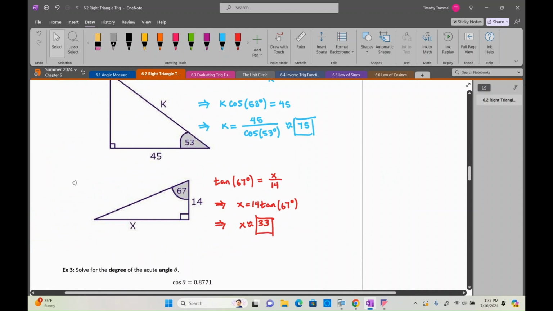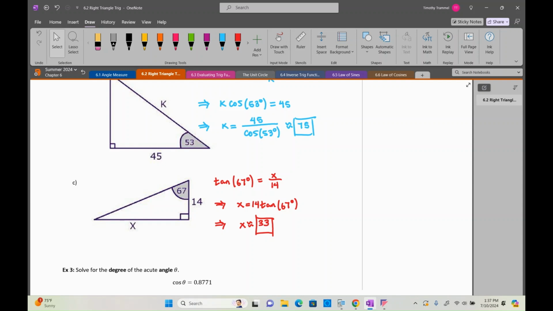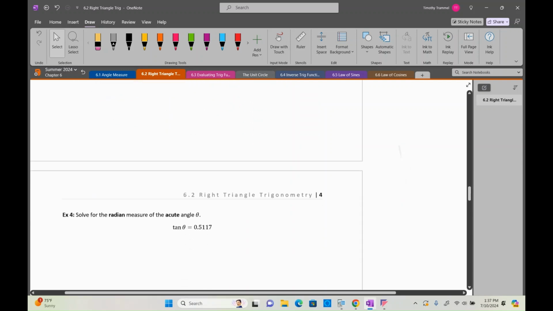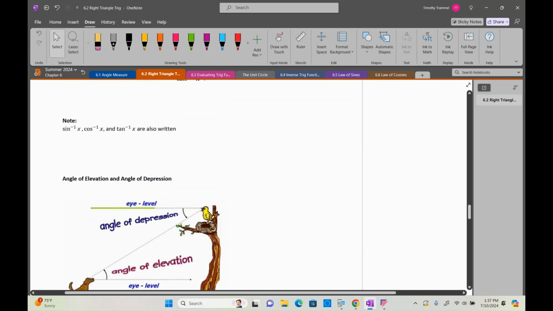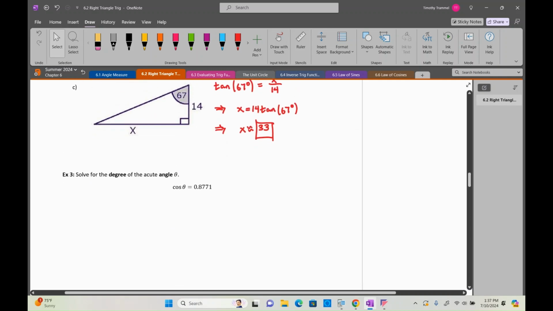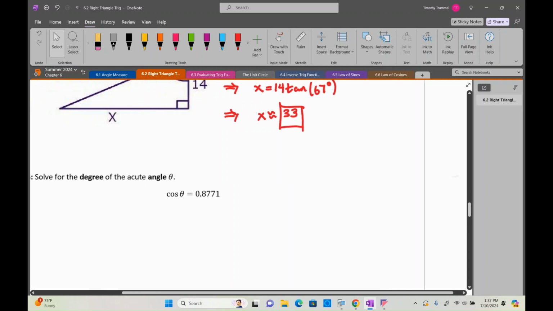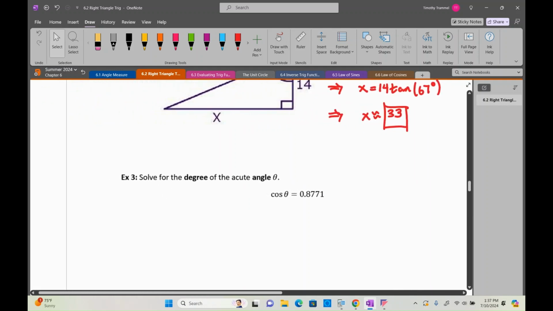All right, now we've found missing sides. You can also find missing angles. And so let me see how many examples we have left here. Okay, so we'll get a chance to do this. It looks like at least a couple times. But let's say we have this equation that we want to solve for theta.